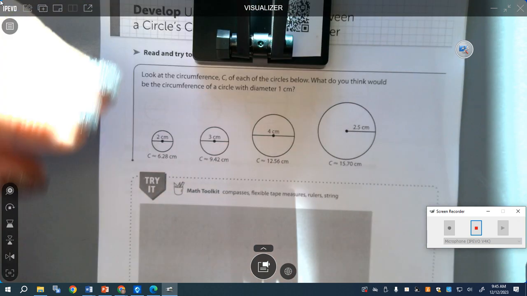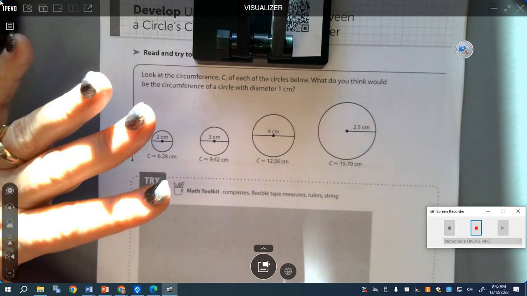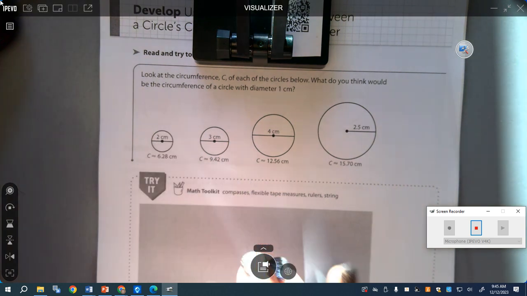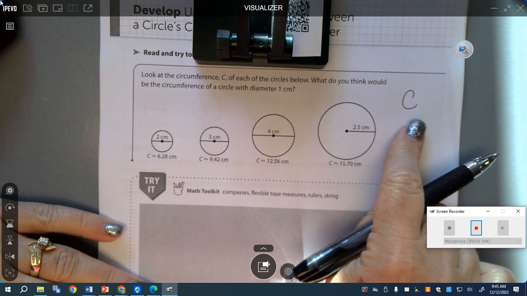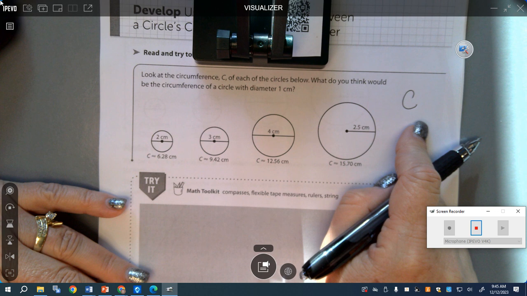Now we're going to jump into something that we already talked about, but I'm going to go through it with you again. So look at the circumference C. Circumference is labeled as C. Whenever you see a C next to a circle, that is representing the circumference of a circle, okay?